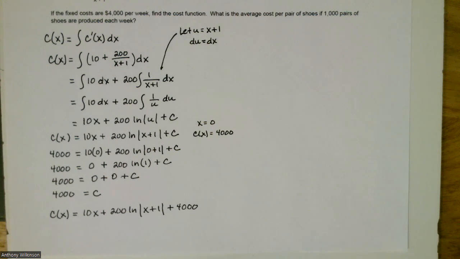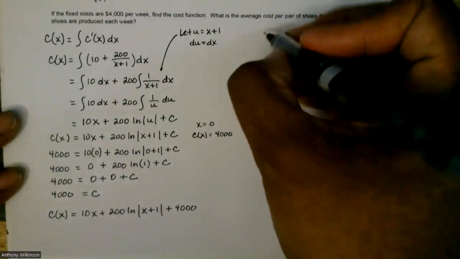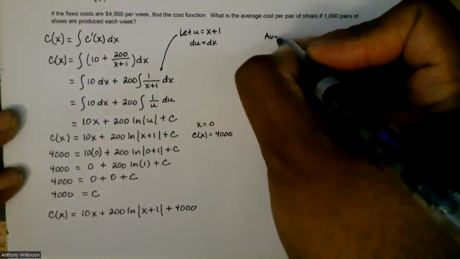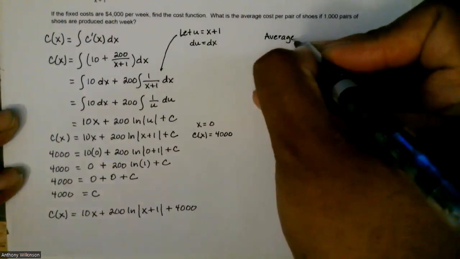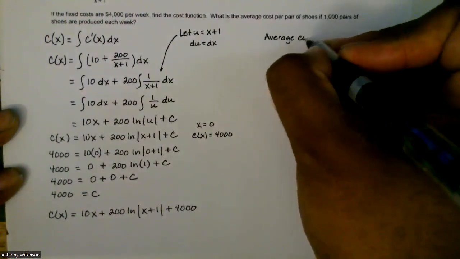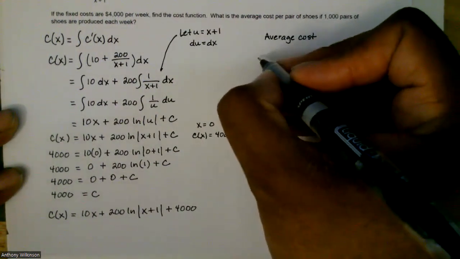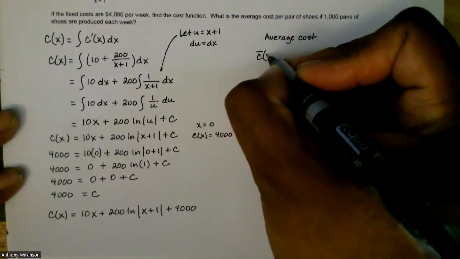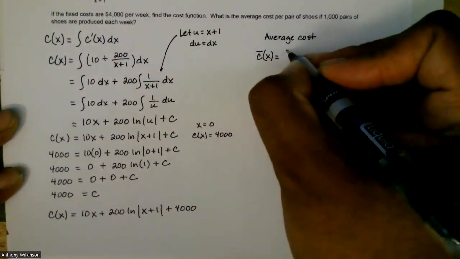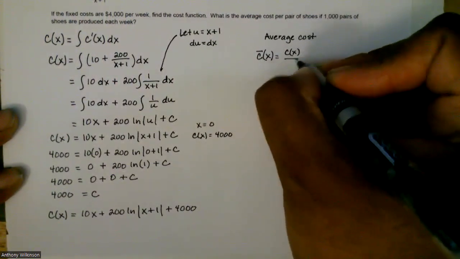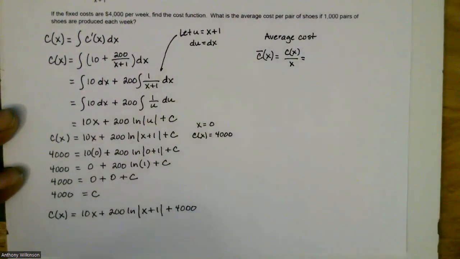Now, the other part of the question, they ask for the average cost per pair of shoes if 1,000 pairs of shoes are produced each week. So here they want the average cost. And when you're finding the average cost, that means C bar of x, which means the cost function C of x divided by x.